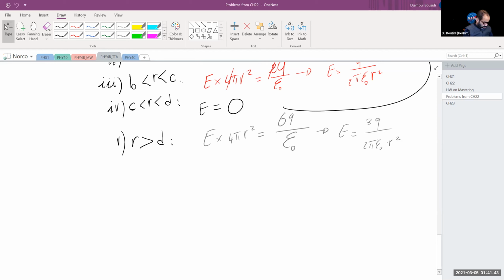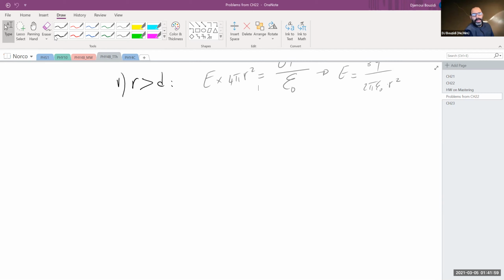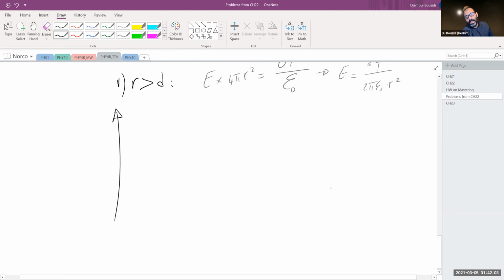Now, graph the radial component of E as a function of R, function of distance. So we need to graph this thing, okay? Here is the electric field E, the components.